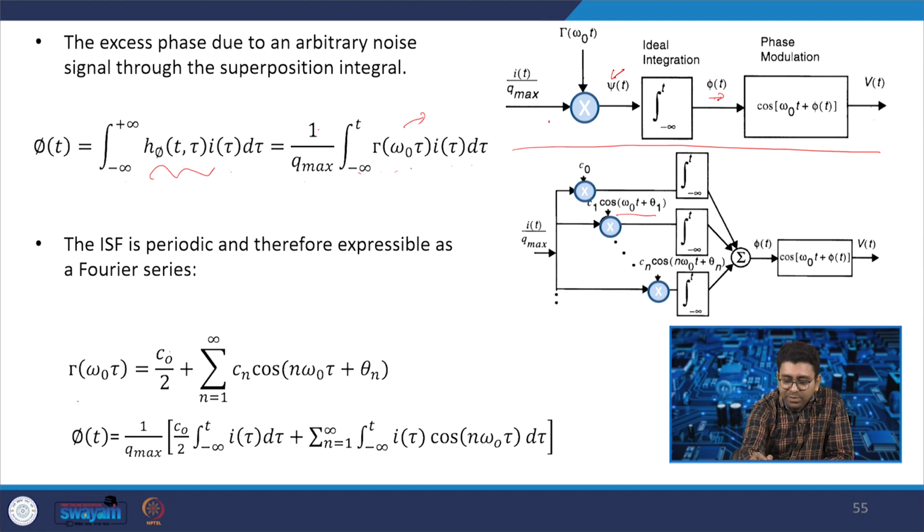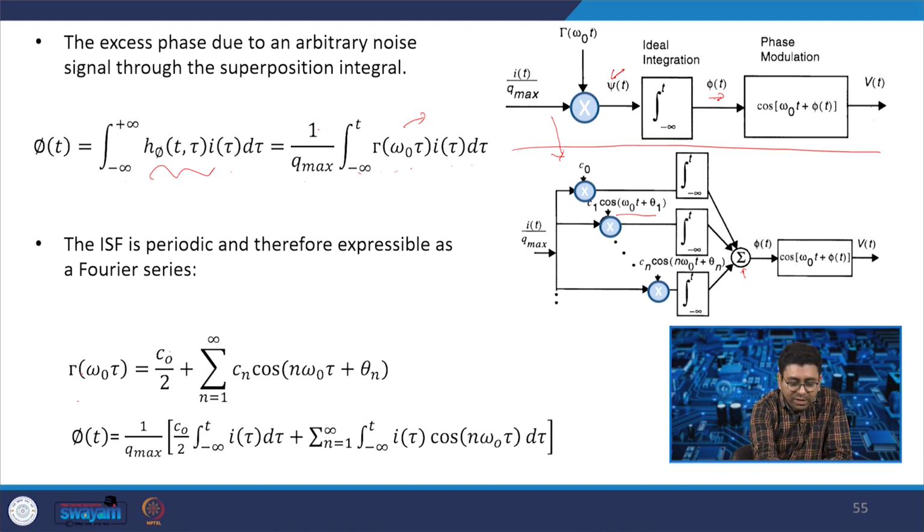The same block diagram can be redrawn, where each impulse function with each sinusoid can be added, and this is the final addition, and we will get phi(t), and this phi is converted to the voltage.